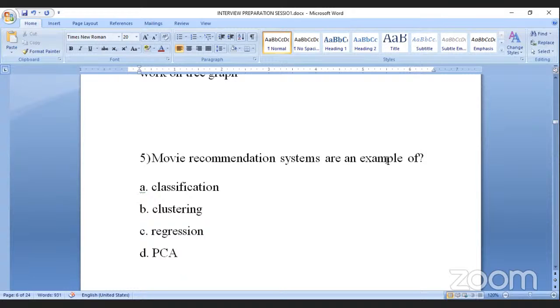Clustering, very good, very good. I got only 4 responses. Okay, friends, no problem. So we can go to the answer.